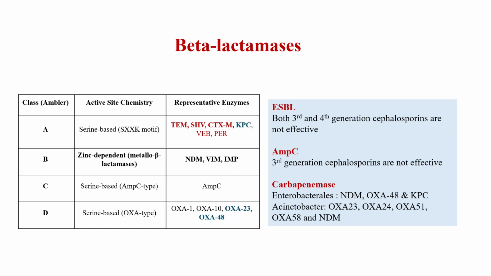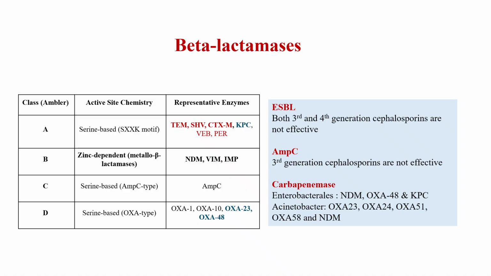KPC is not a major mechanism of carbapenem resistance in India, but in the Western world, most of the Klebsiella isolates produce KPCs. Among class B, all the enzymes produced are carbapenemases. These are called metallo-beta-lactamases: NDM, VIM, IMP, and there are many others like SIM. These are the common metallo-beta-lactamases.